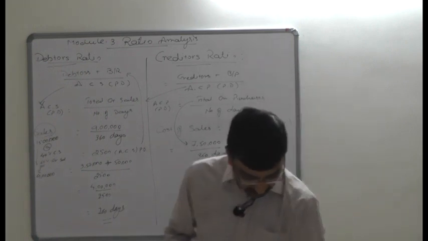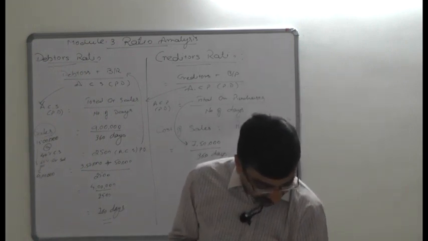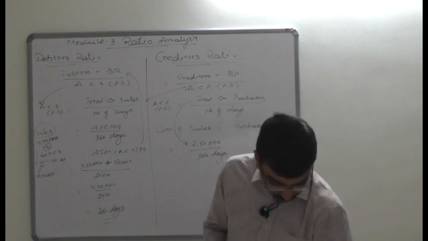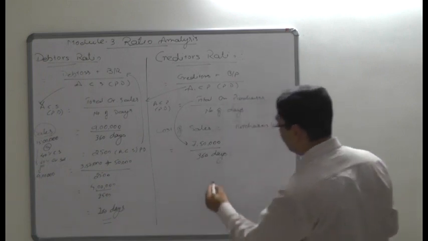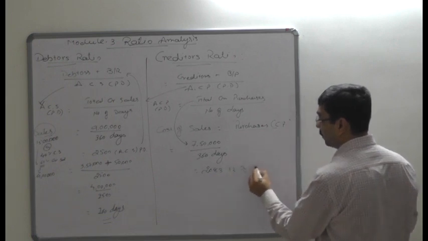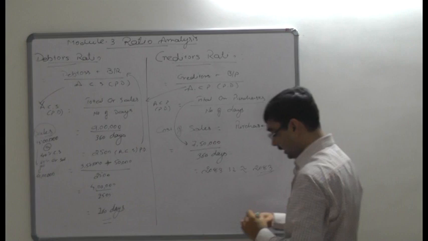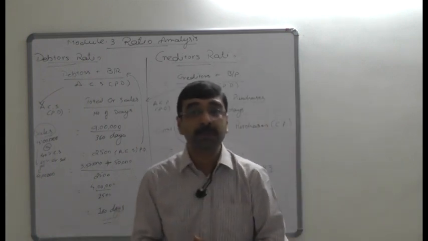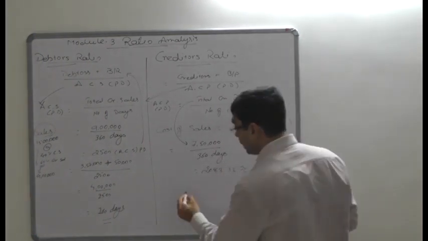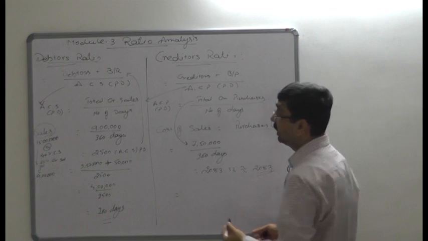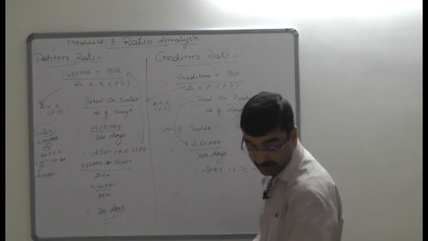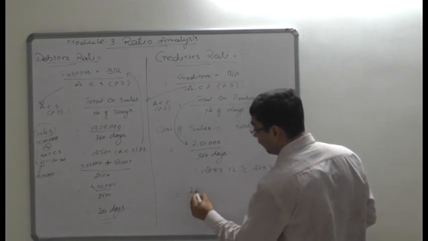So let's first find out the amount of credit purchase per day. The credit purchase per day comes to 2083.33, approximately 2083 average credit purchase per day. Now we consider this value in the main formula where the creditors and bills payable value is given. See the balance sheet, liability side, and identify your creditors and bills payable value.